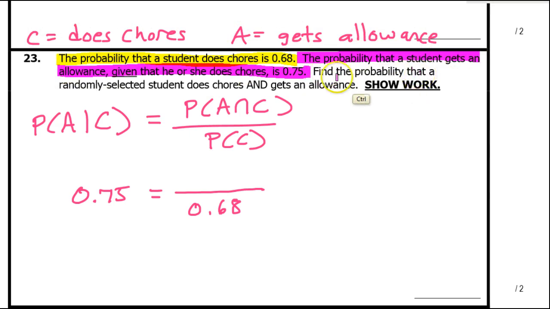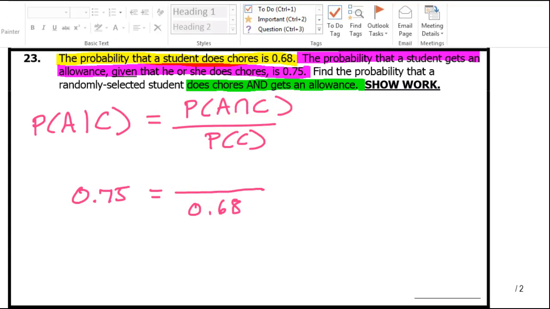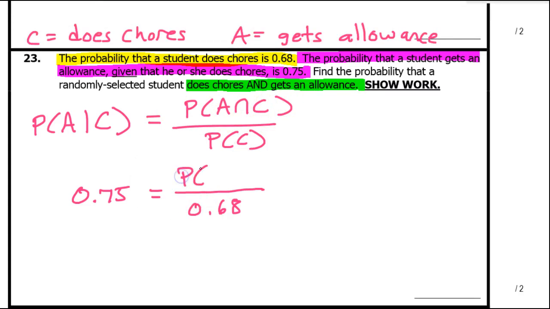Find the probability that a randomly selected student does chores and gets an allowance. So does chores and gets an allowance. That's the numerator. We're looking for the probability of getting an allowance and doing chores. So that's the setup, and it's just a matter of solving this equation.